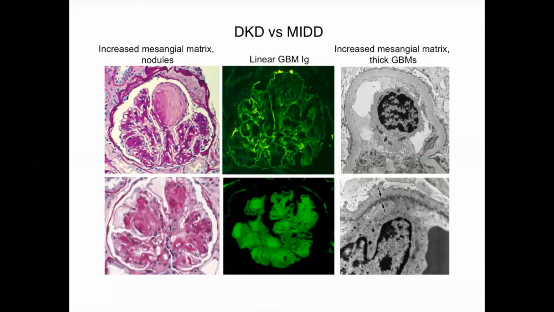This is a comparison of diabetic kidney disease versus monoclonal immunoglobulin deposition disease. Here the PAS is positive; there the PAS is negative or weakly positive. We have accentuation of the GBM on IgG.